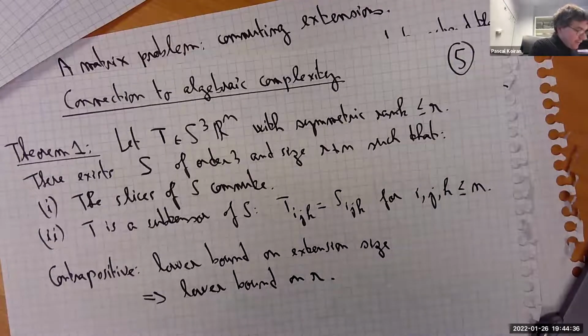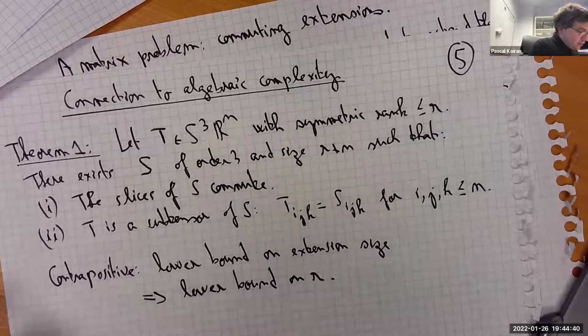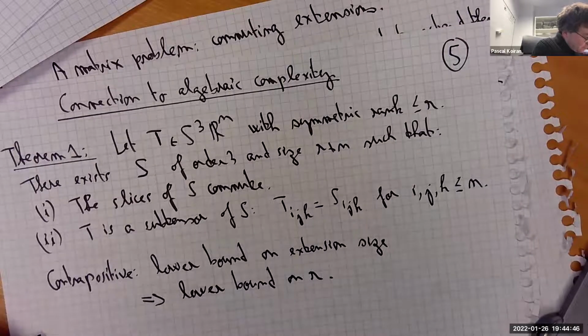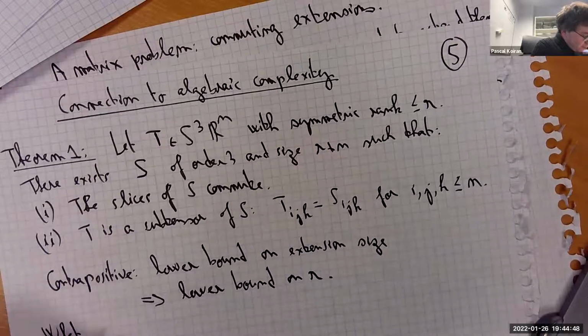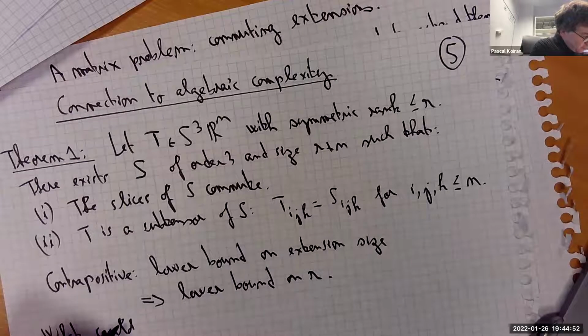Why should we expect that this approach could work? What could go wrong if we try this method here of commuting extensions?